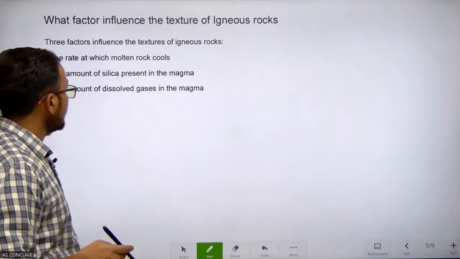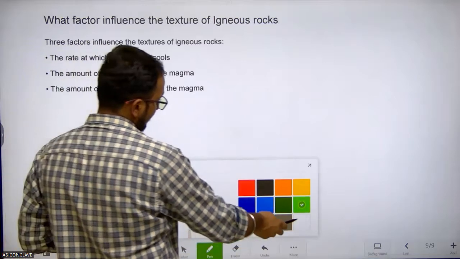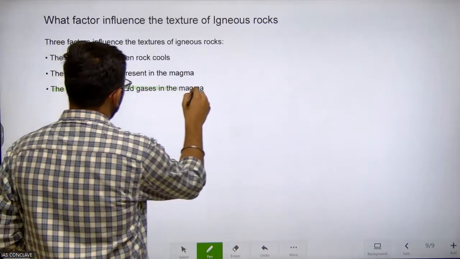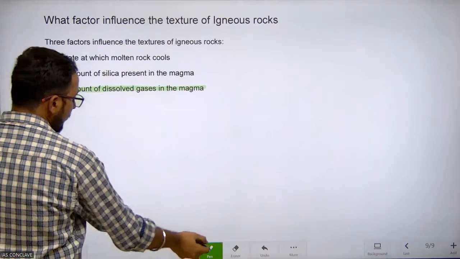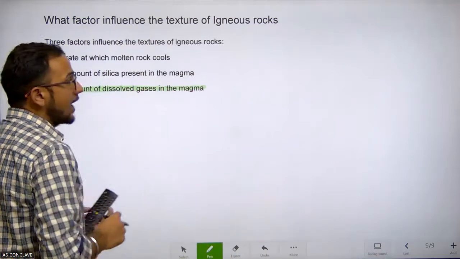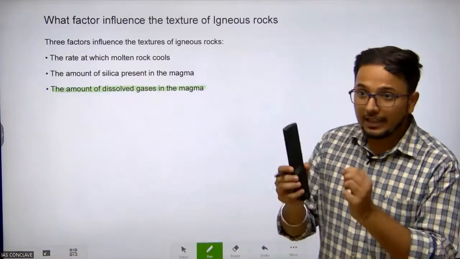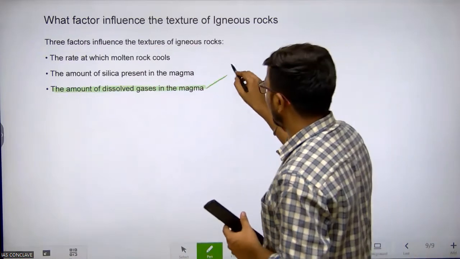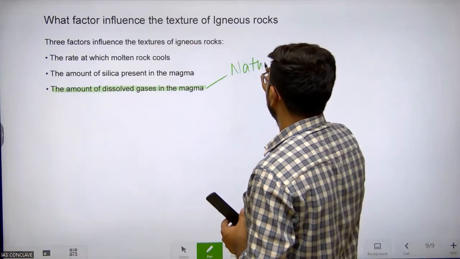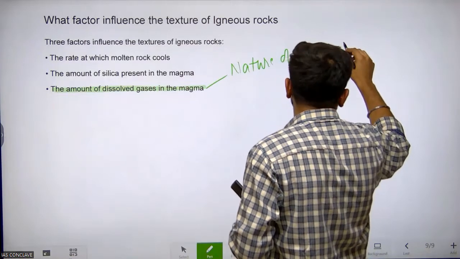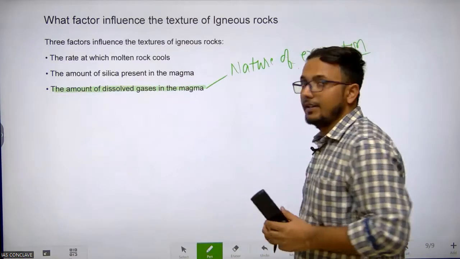Now, the third one is the amount of dissolved gases. The amount of dissolved gases determines the nature of the eruptions.